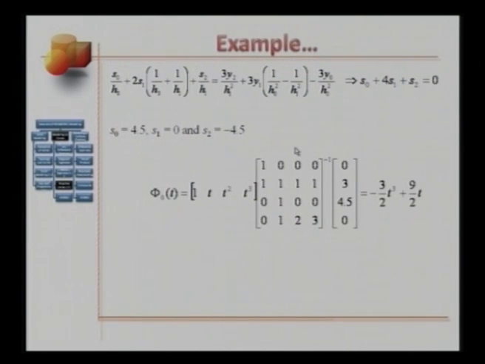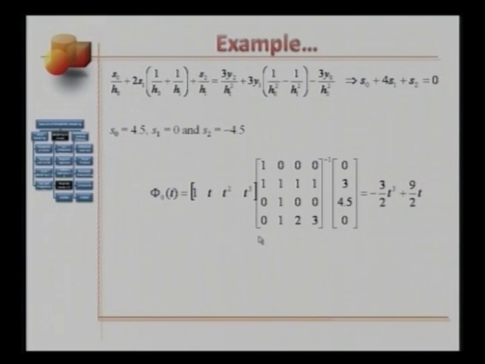If we compute what phi 0 of t is, this is 1, t, t squared, t cubed. We would be able to compute what the coefficient matrix is. You would need to compute the inverse of that, and we'll have y0, y1, s0 and s1 here.